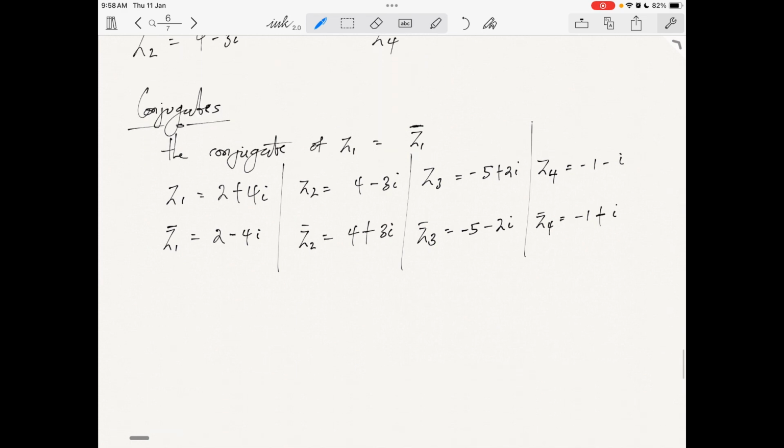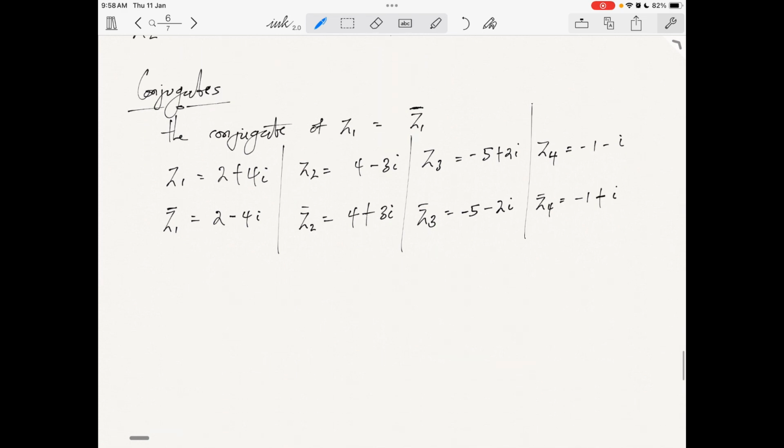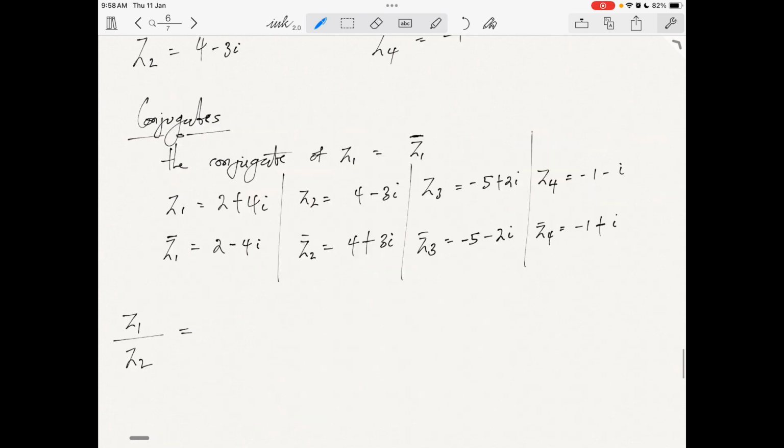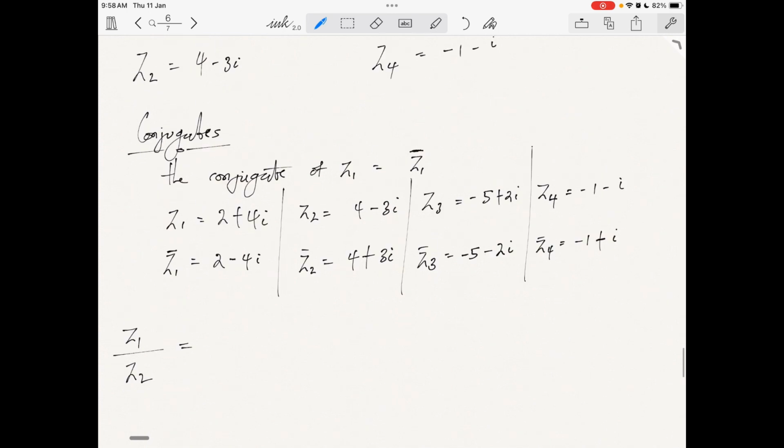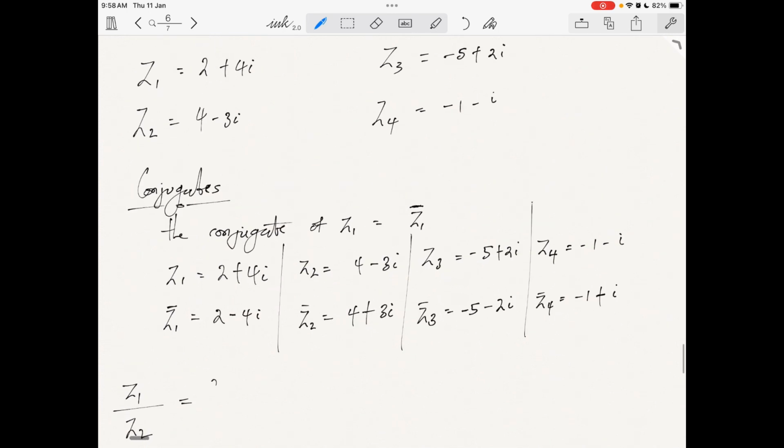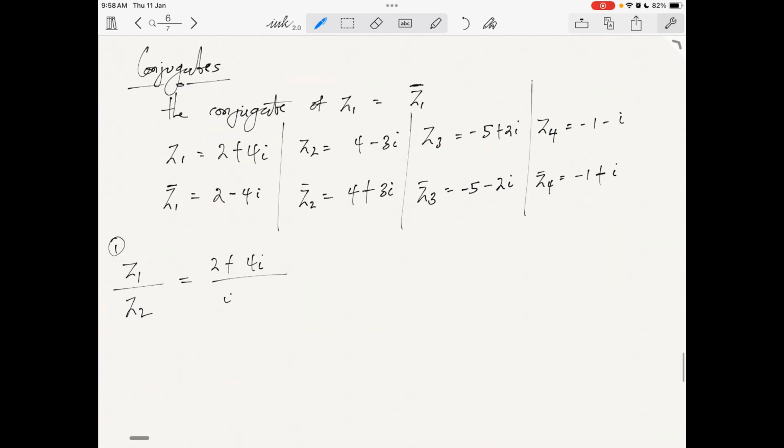Now, when it comes to division, let's say for instance we have z1 divided by z2. Let's call it question 1: 2 plus 4i divided by 4 minus 3i. Now it looks complicated, and all we have to do now is find the solution.